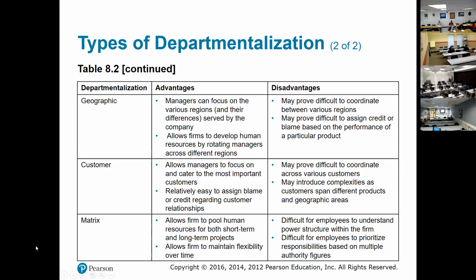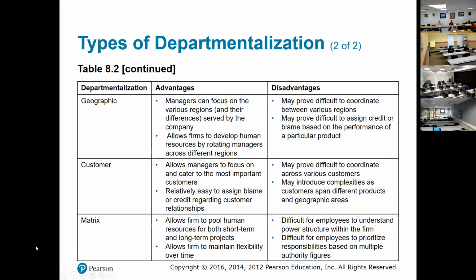You see a lot of computer software companies departmentalized by customers. They may have a group of customers who are in business and industry, another group who are in education, and another group who are at-home users. So they specialize by who their customers are.